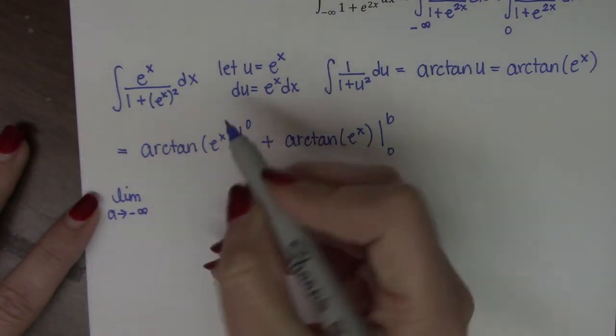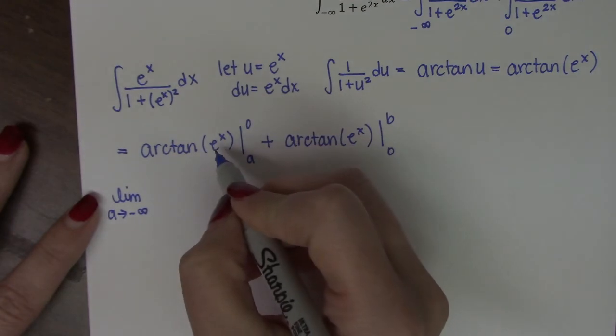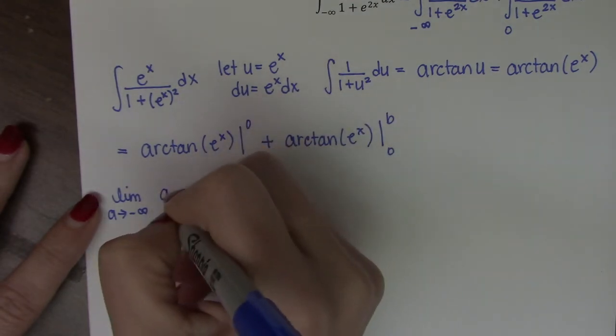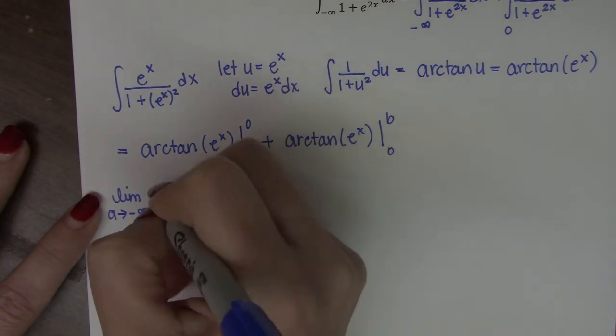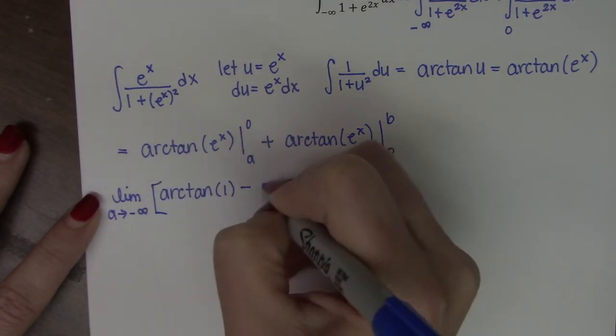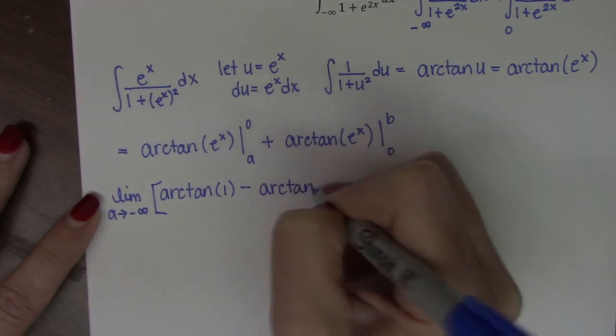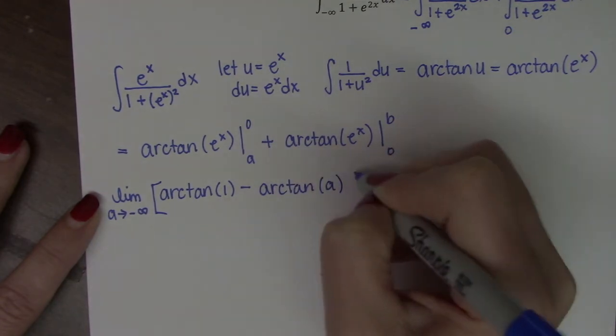So this is going to be arctan of e to the 0, which is arctan of 1, minus arctan of e to the a.